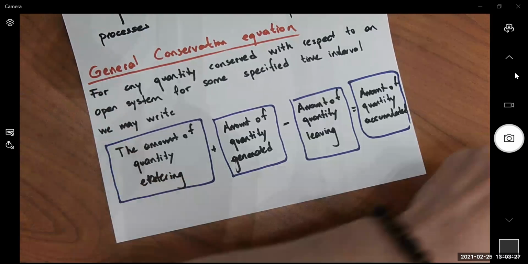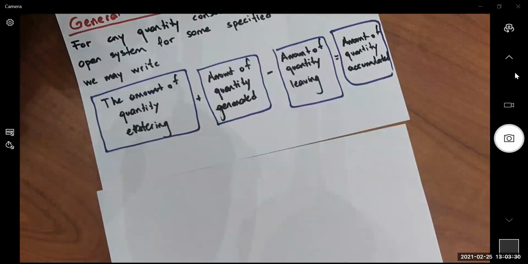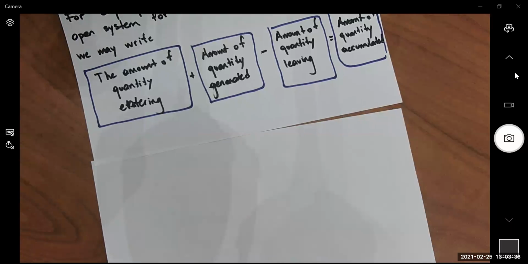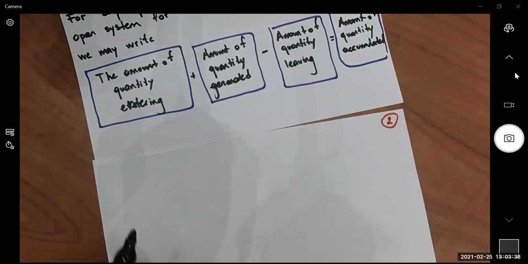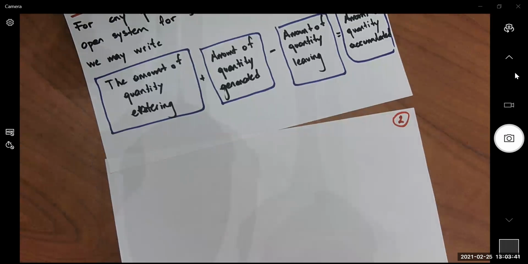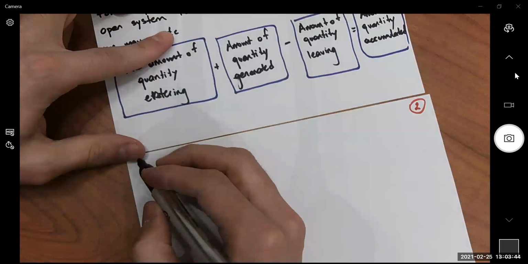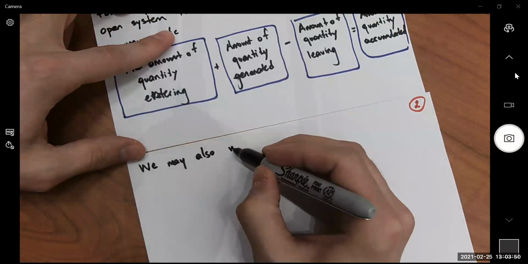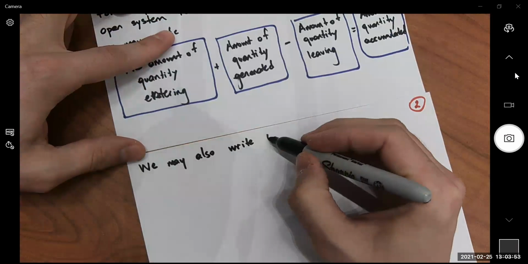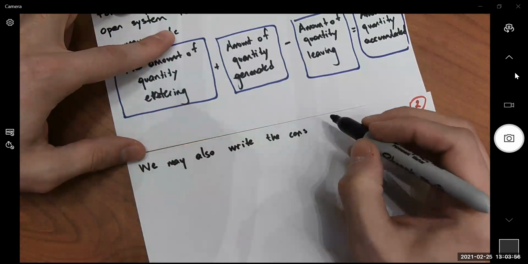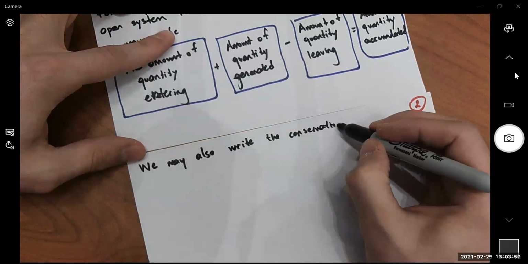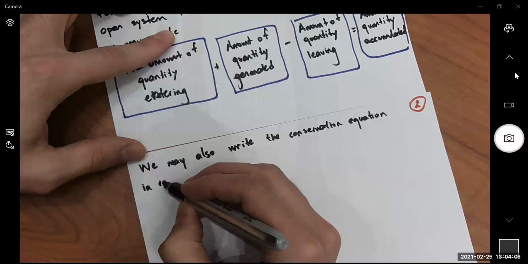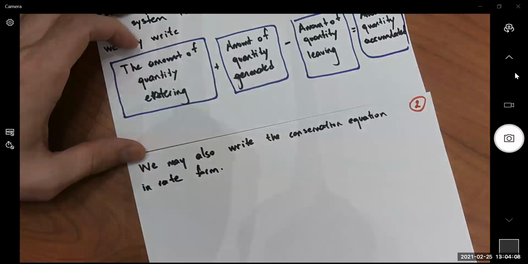All right, we may also write the conservation equation in rate form. Okay.